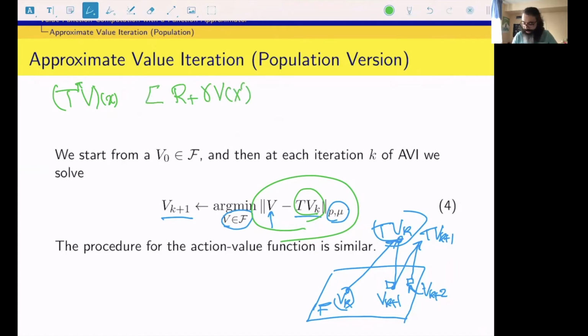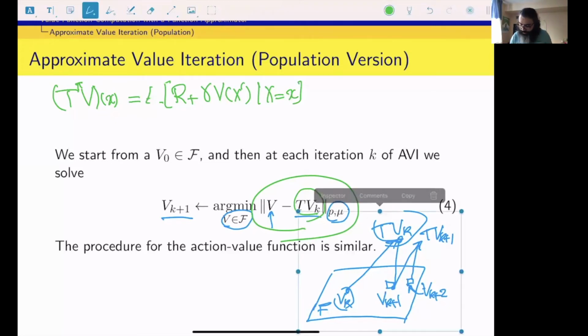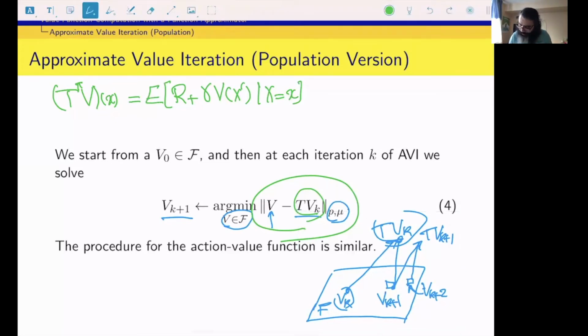The conditional expectation of it would be exactly the same as what we have. So using only data, we can compute an unbiased noisy version of this T pi Vk. That would be one of the approaches to make it a reinforcement learning algorithm.